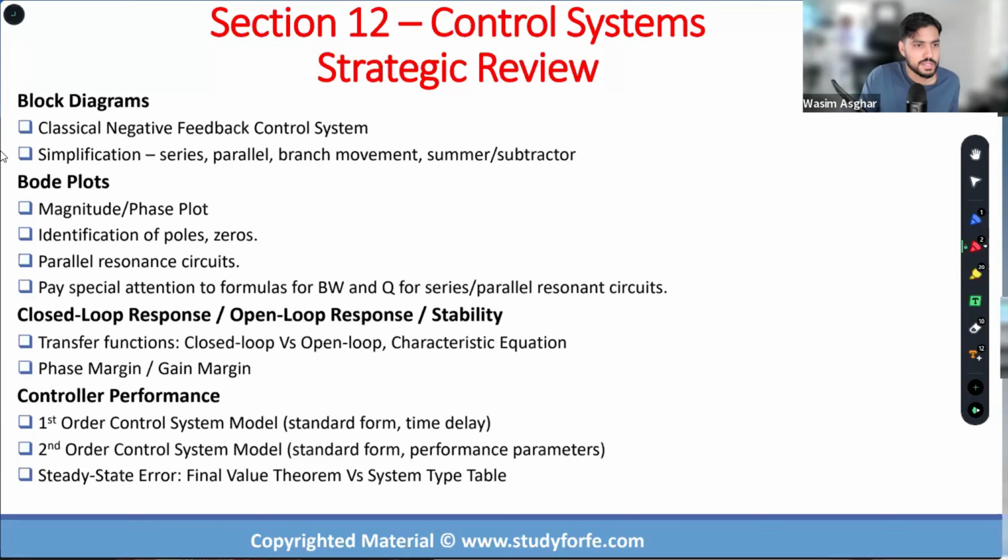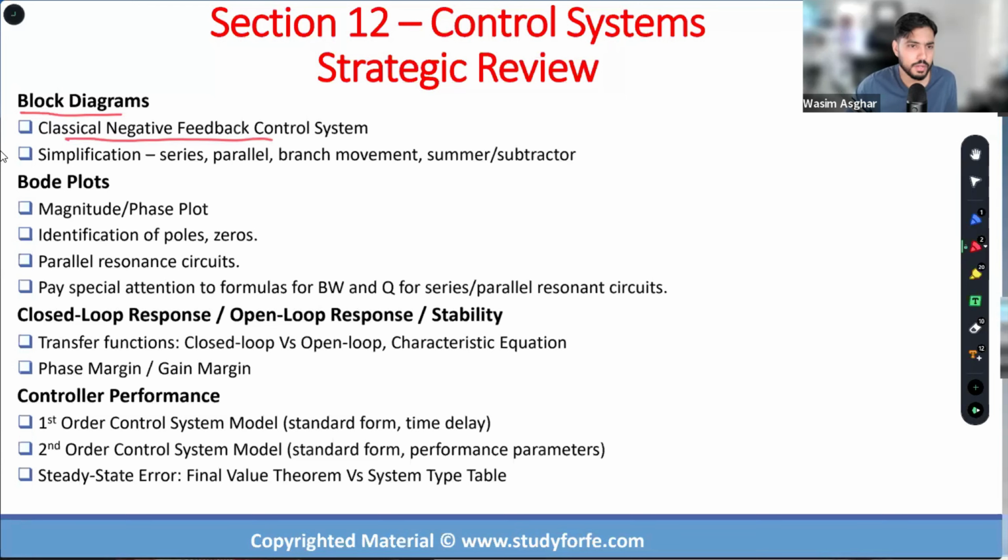So block diagrams, as I explained in the course, are essentially like your single line diagrams for power systems, right? The most important block diagram, which thankfully they've provided in the reference handbook, is a classical negative feedback control system block diagram.